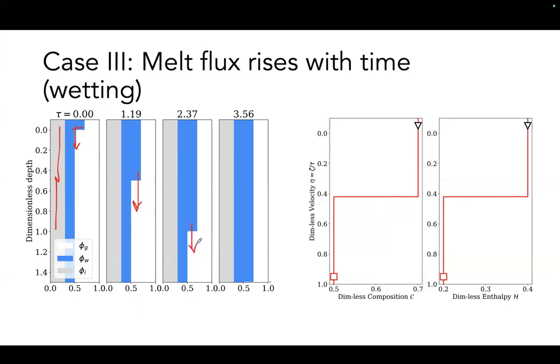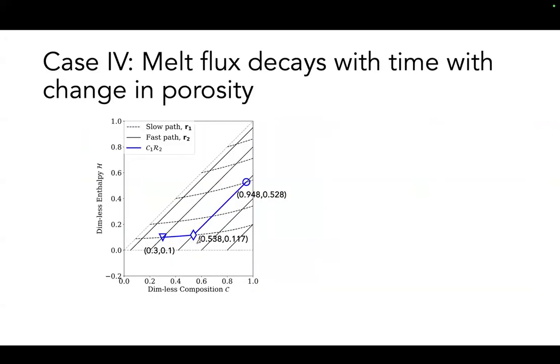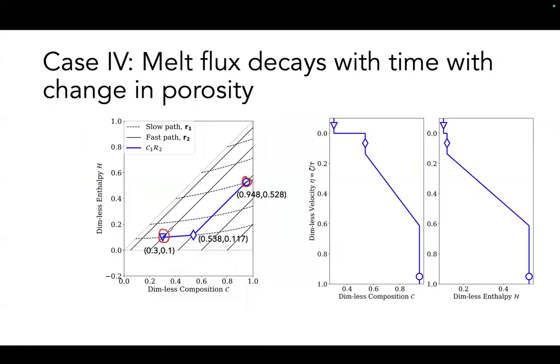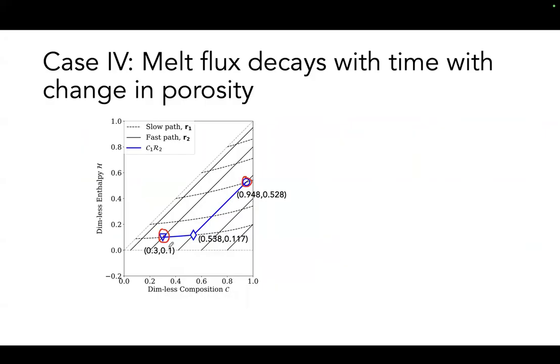Next is the case when these left and right states do not strictly fall on the same curve. The left state and the right state cannot be directly joined, since they do not fall on the same curve. So in that case, we have to use both of these paths, slow path and fast path.